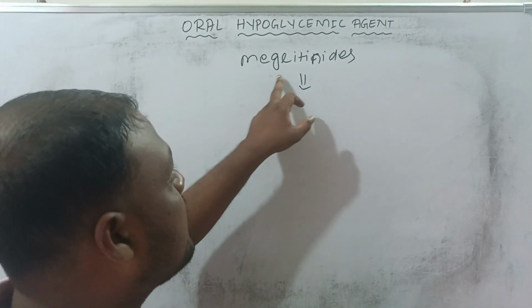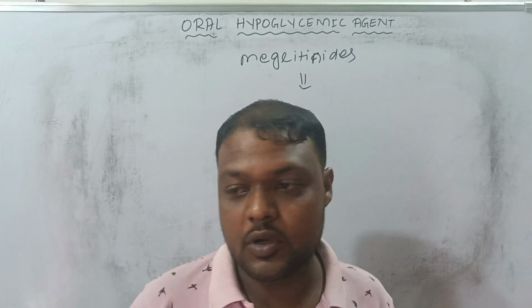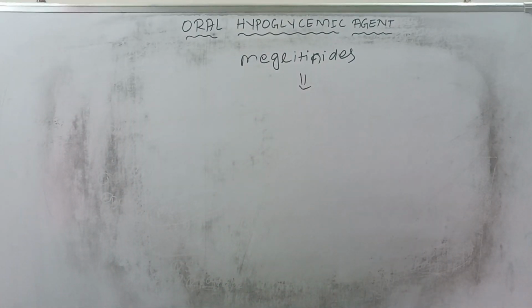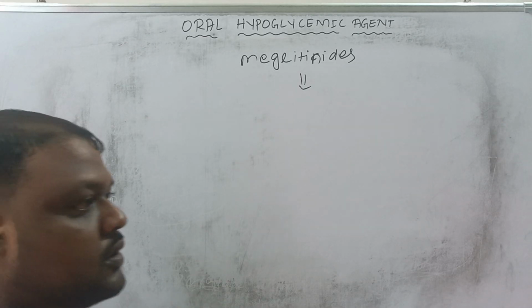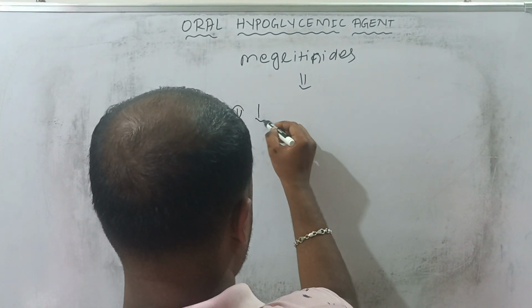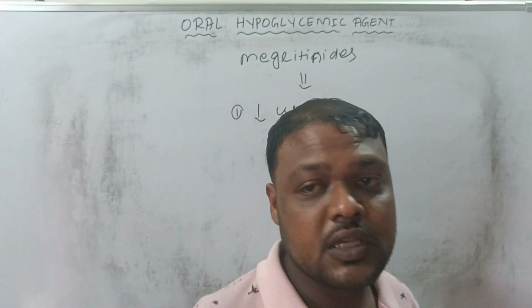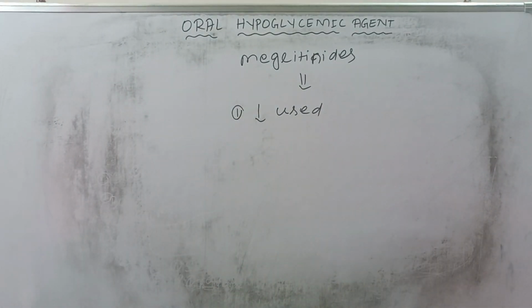Meglitinides is another type of oral hypoglycemic agent. Clear? It is less used.